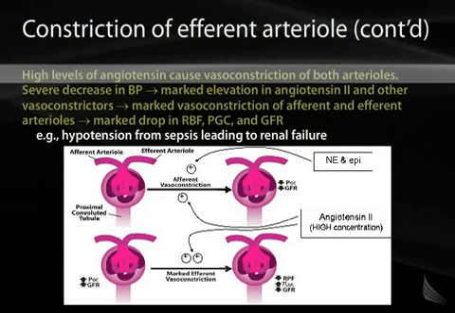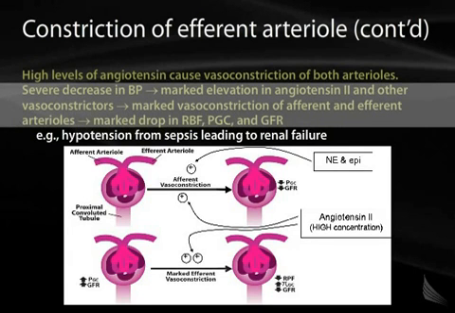With high levels of angiotensin, vasoconstriction occurs in both arterioles, both the afferent and the efferent arteriole. This is exemplified by the renal circulation in the setting of sepsis or any other state of shock.